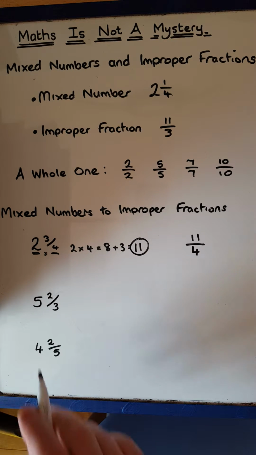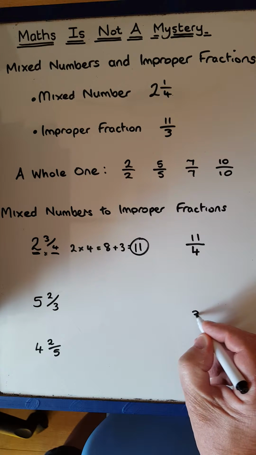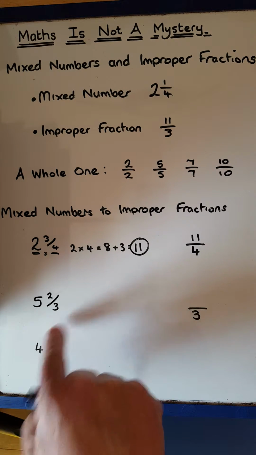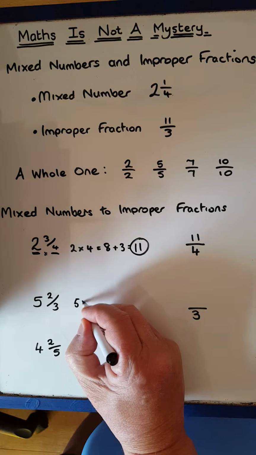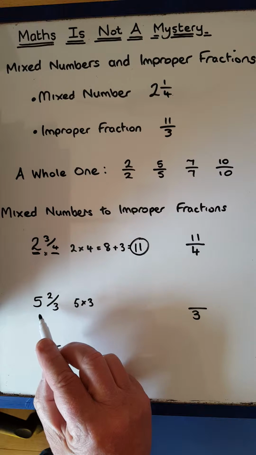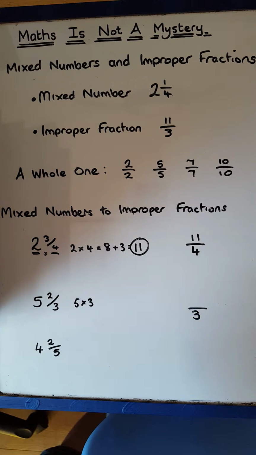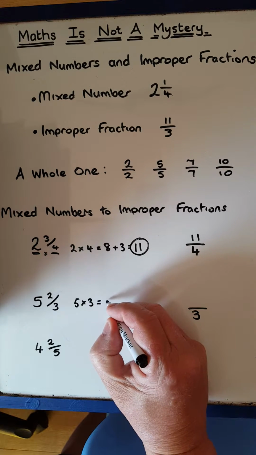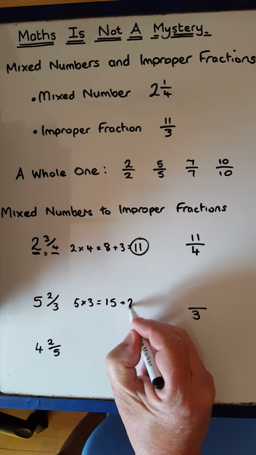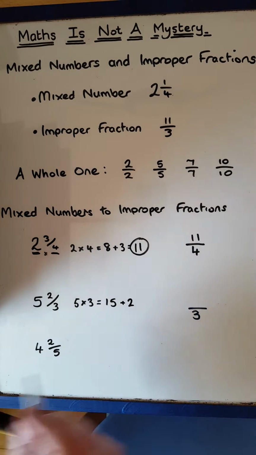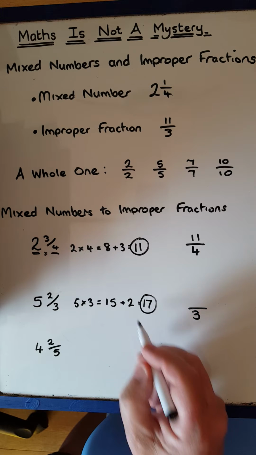Let's do the same thing over here then. 5 2/3. Your answer is going to be in thirds because the question was in thirds. So it's going to be 5 times 3. So we're multiplying the main whole number by the denominator, the bottom number. 5 3s are 15. And now add on the extra bit of the fraction. So that's 2 in this case, and that makes 17.